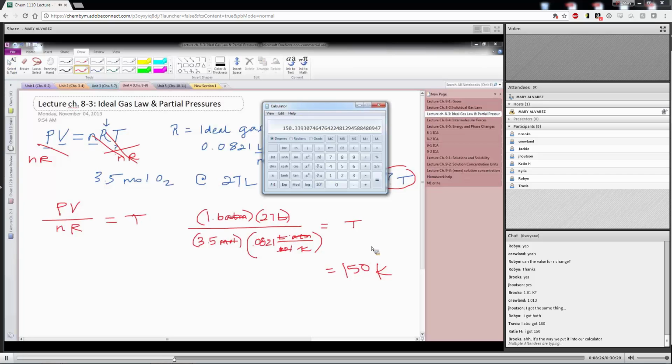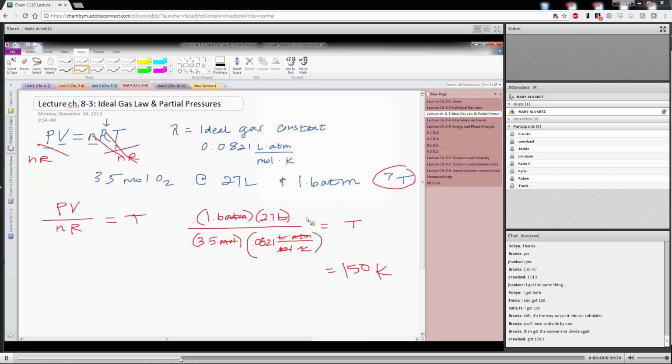Careful. I think I might know. Let's see. If you did 1.6 times 27 divided by 3.5 times 0.0821, the problem is that it multiplies the 0.0821 and puts it basically on top.